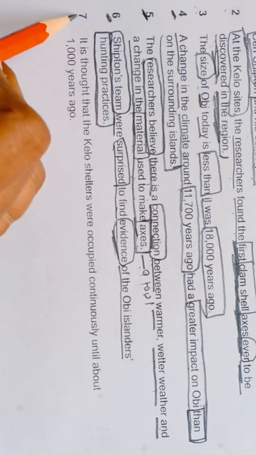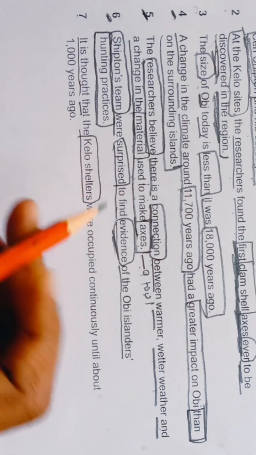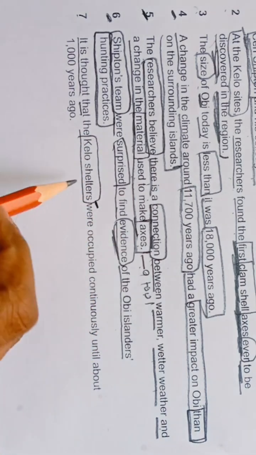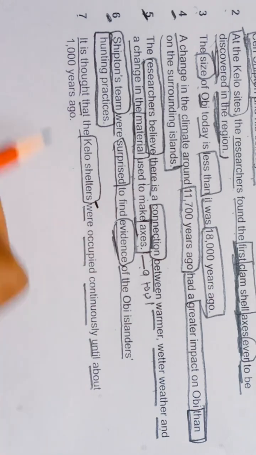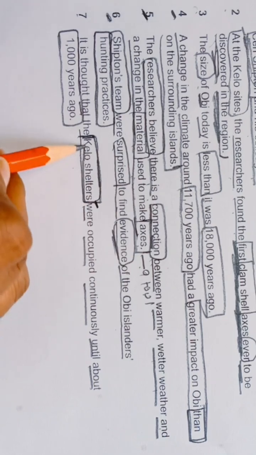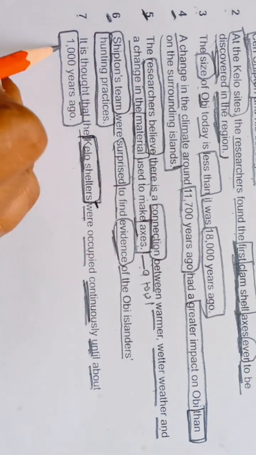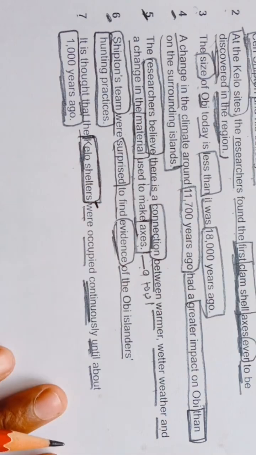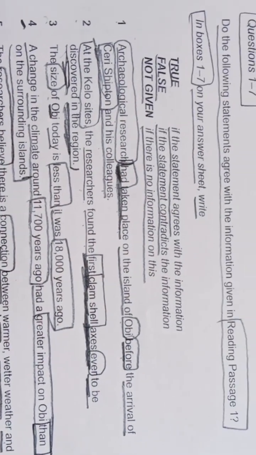Number 7, it is thought that the Kilo shelters were occupied continuously until about 1000 years ago. Kilo shelters, this is our keyword. With this we have marked our keywords for True, False, Not Given.